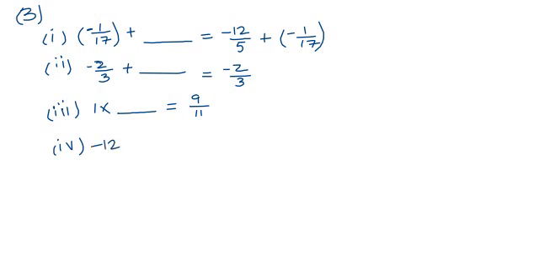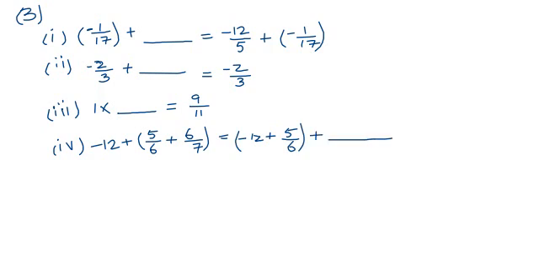Fifth one: dash into 1 by 2 plus 1 by 3 is equal to 3 by 4 into 1 by 2 plus 3 by 4 into dash.